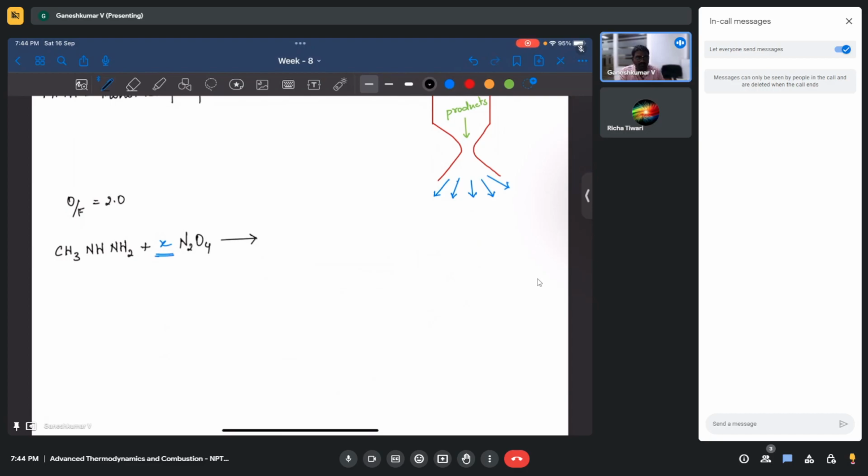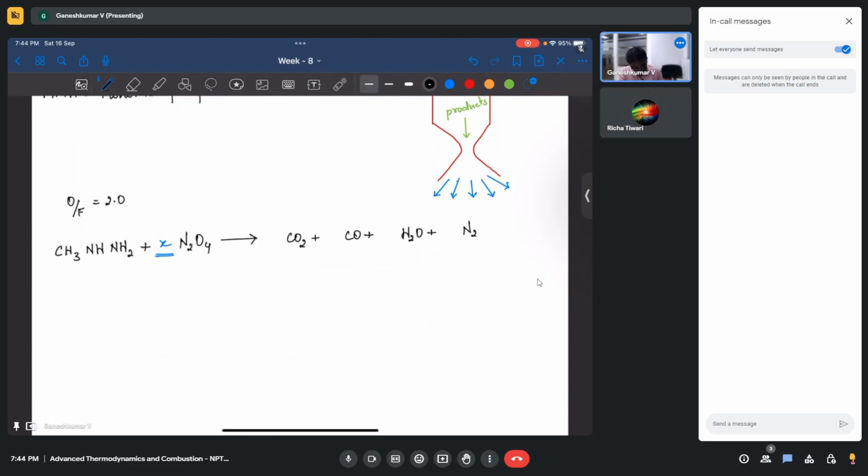Basically, everything is going to get oxidized, right? So what would you expect? The same: CO2, CO, H2O, N2.